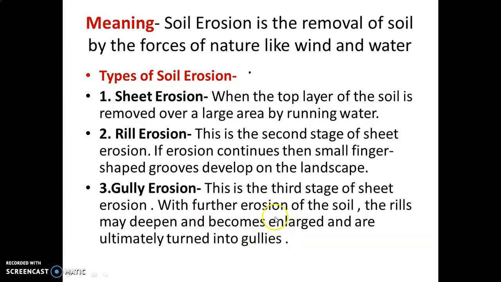Means, in simple language, due to heavy and continuous rainfall, if the small pits or small depressions are enlarged, or the size of the small pits and small depressions becomes large, then it is called gully erosion.